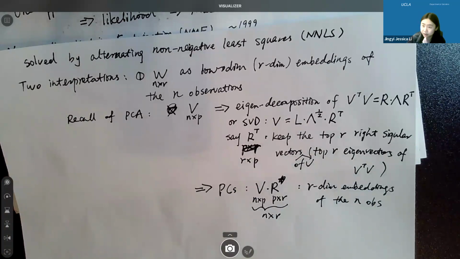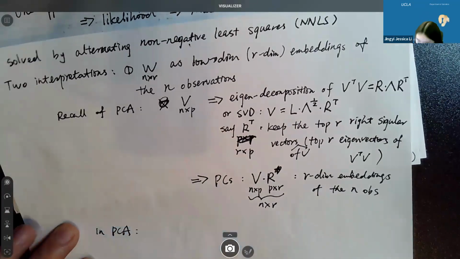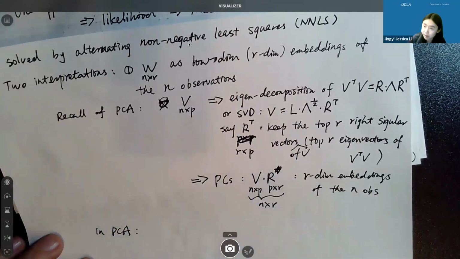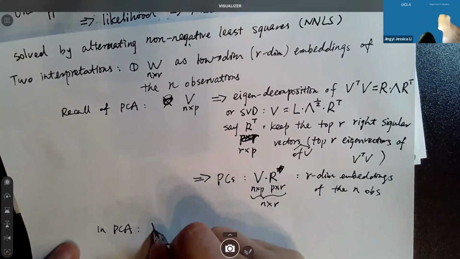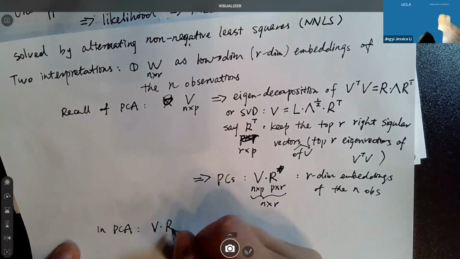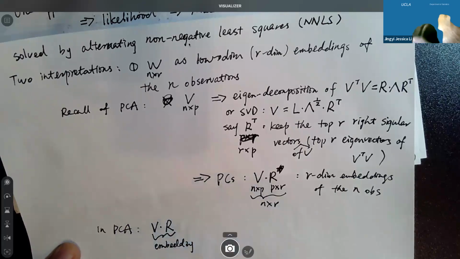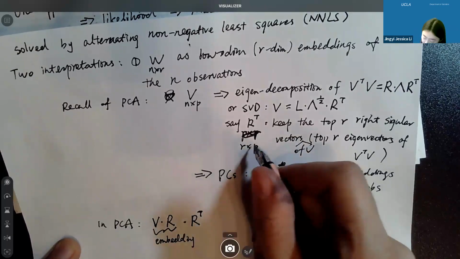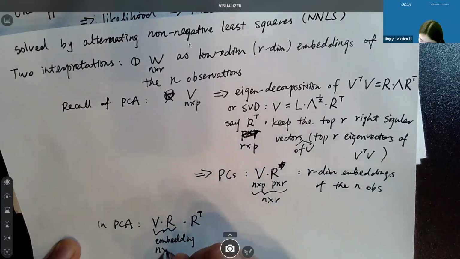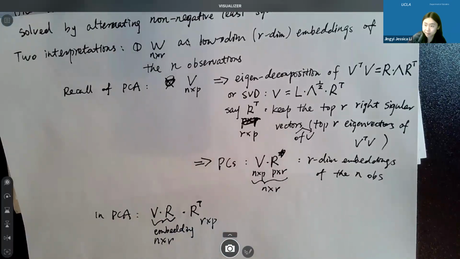But what's different here is that in the PCA, if you multiply this PC matrix, which is the embedding, by R transpose again, which is R by P, then I will restore an N by P matrix.